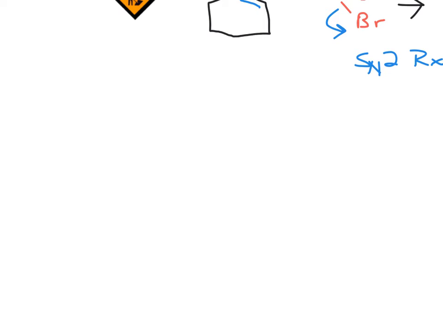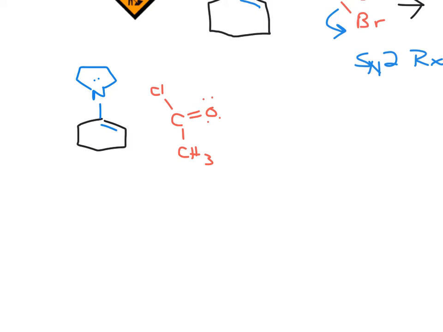So if we draw our enamine, so here's our Stork enamine, and in this case here's our acyl chloride, and the reaction's the same. Electrons swing down to form our carbon-nitrogen double bond, kick out the electrons in the double bond, which attack the carbon of the carbonyl. Electrons roll up onto the oxygen of the acyl chloride.